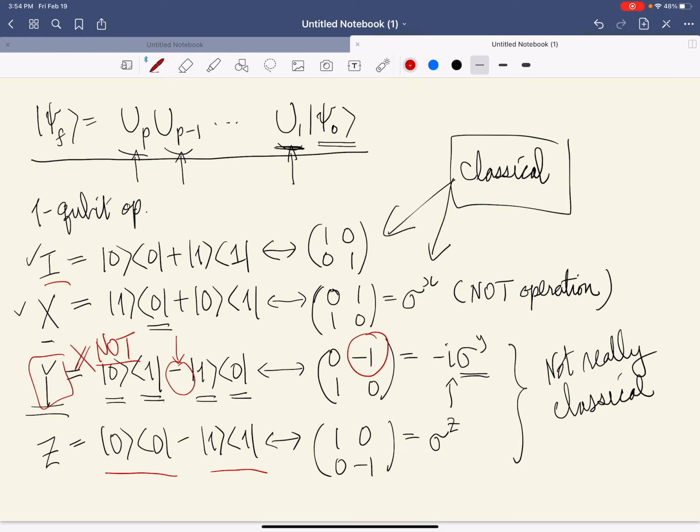Although on the face of it, it returns the 0 when it acts on the 0 state, and returns the 1 when it acts on the 1 state, the important thing is that when it returns 1, there is an overall phase factor of -1 involved as well. And that's what makes this Z operation different from the identity operation. So again, this distinction arises because in quantum mechanical states, the sign of the wave function also matters.